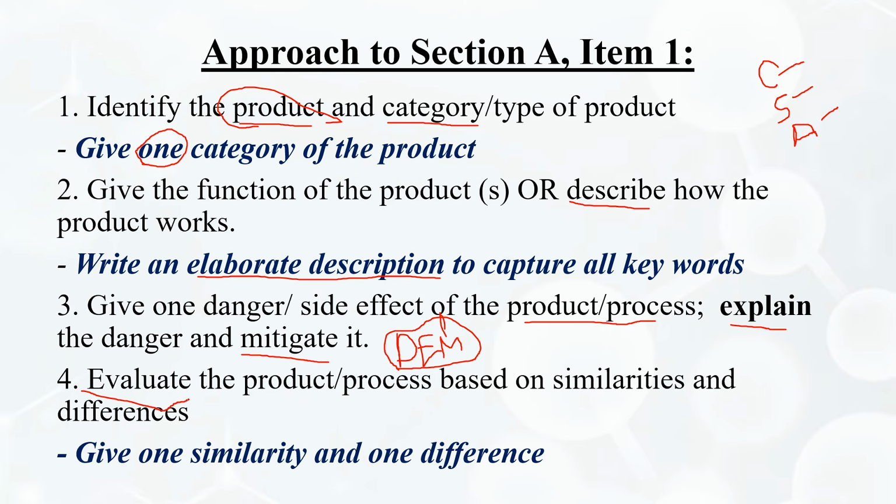Evaluation is where you start giving the similarity and the difference of the product that you have given right away in number 1. When we are giving the similarity, we just give only one. We don't need to give very many similarities and very many differences.